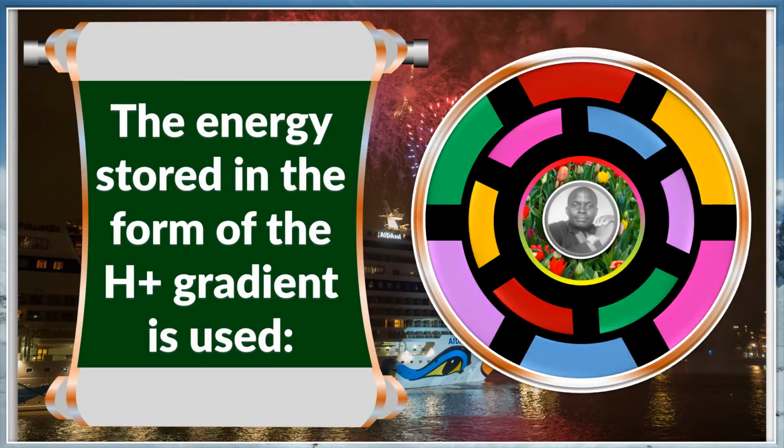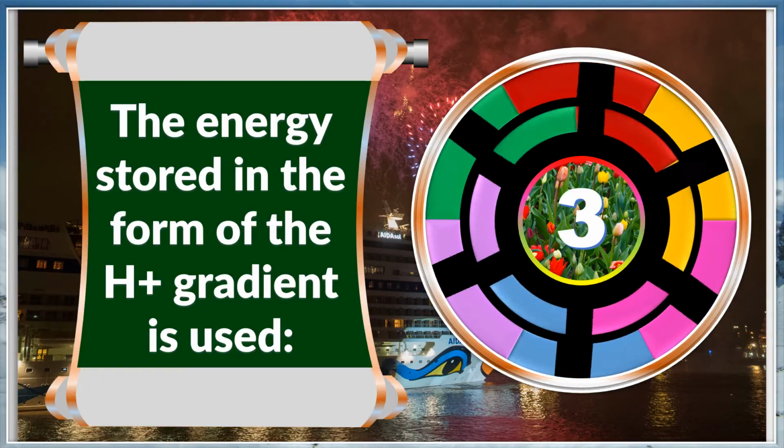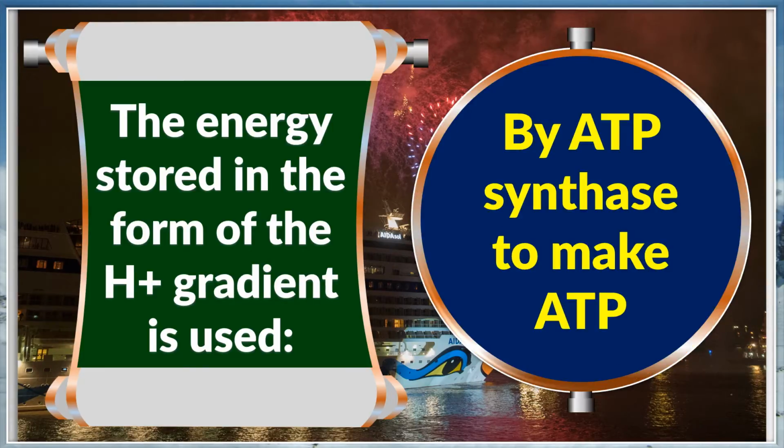The energy stored in the form of hydrogen ion gradient is used by ATP synthase to make ATP.